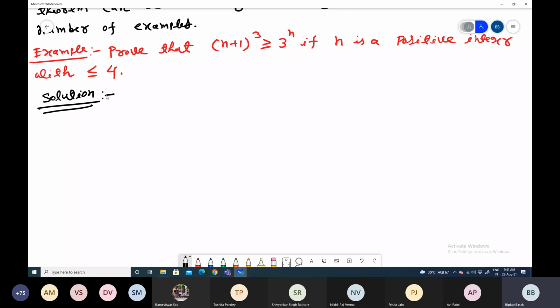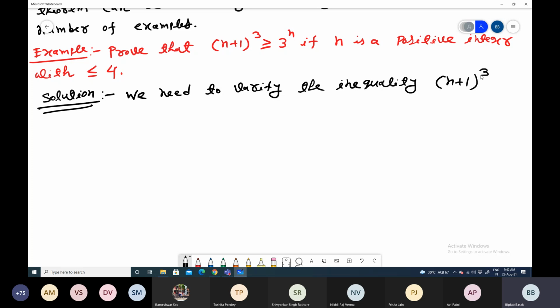Now here is the solution. Note that here the domain is only finite, right? So since the domain is finite, we need to verify the inequality (n+1)^3 ≥ 3^n when n equals 1, 2, 3 and 4.